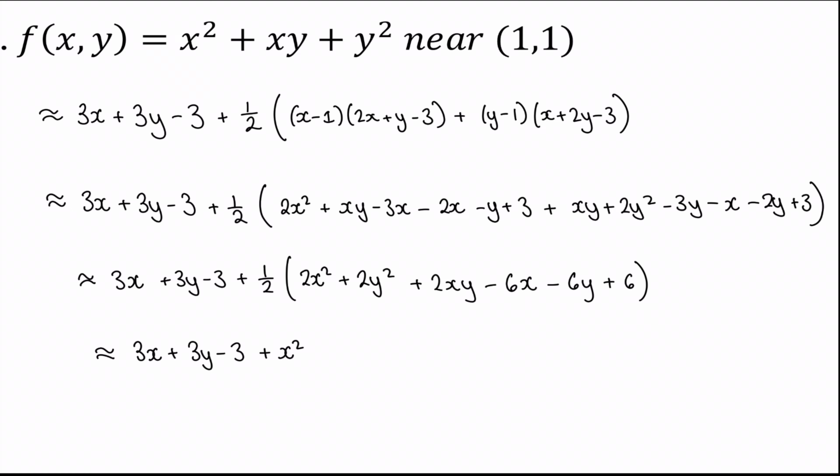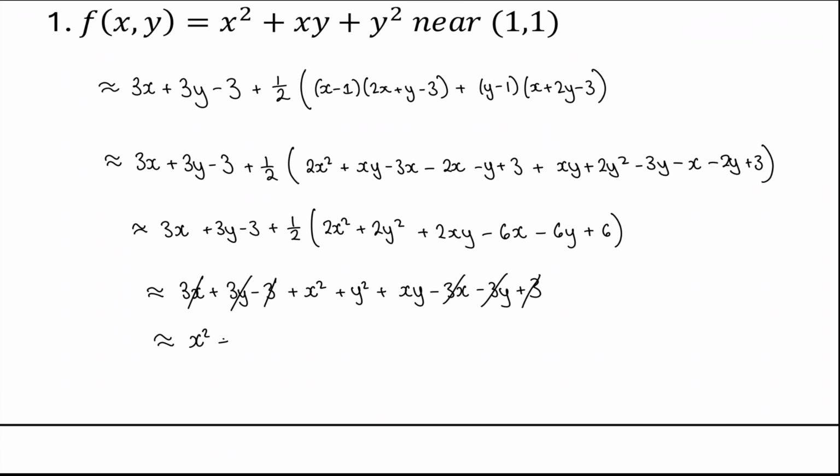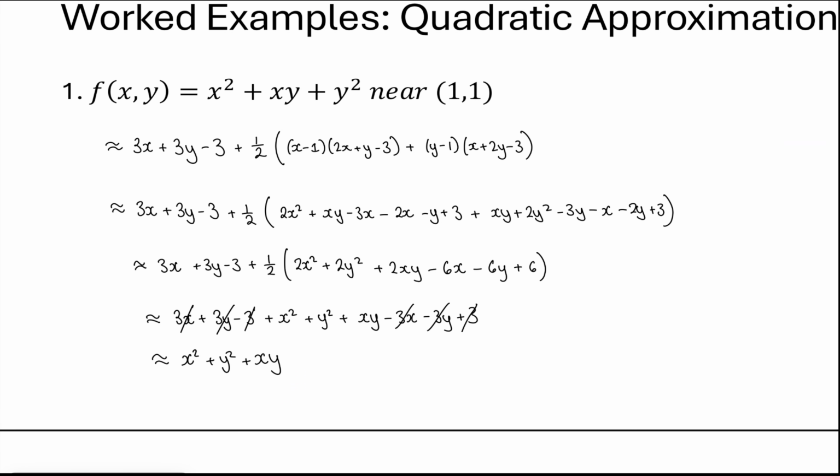And expanding the half out, we get x squared plus y squared plus xy minus 3x minus 3y plus 3. So this and this cancel, this and this cancel, this and this cancel. So we're just left behind with x squared plus y squared plus xy. Cool. Pretty funny how the approximation is just the exact equation. So all that means is the quadratic approximation is perfectly exact with 0 error. So I guess it isn't really an approximation.